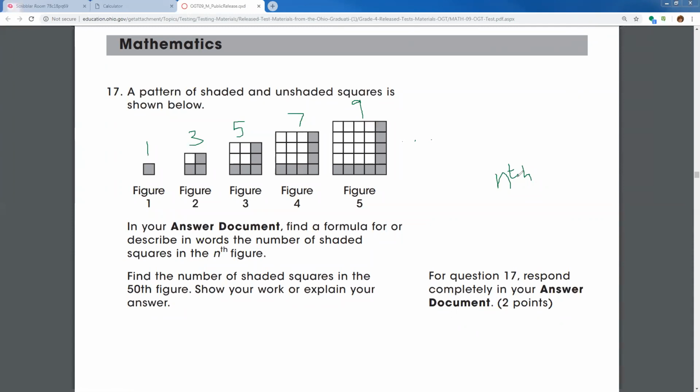So you said multiply by 3. Some of them could work that way. But what we're looking for is what's going on and can it continue?